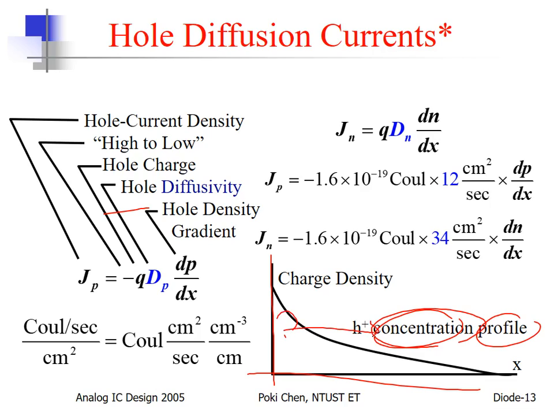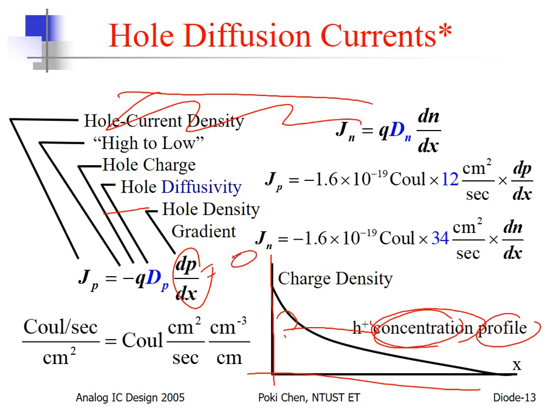It means the difference, the slope. The higher slope means more potential to move to the other direction. If it is flat, the concentration is exactly the same, so the slope is zero. No motivation, because here, there, and there are the same. I wouldn't like to move to any place.